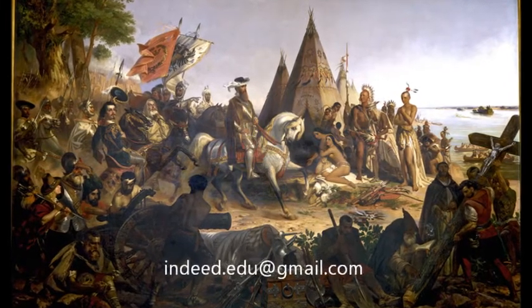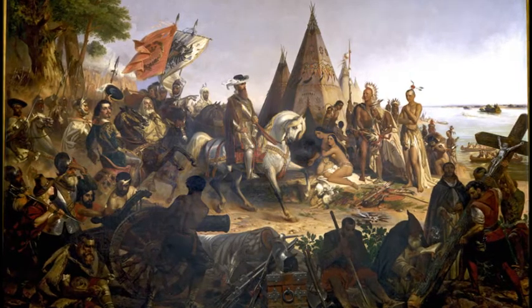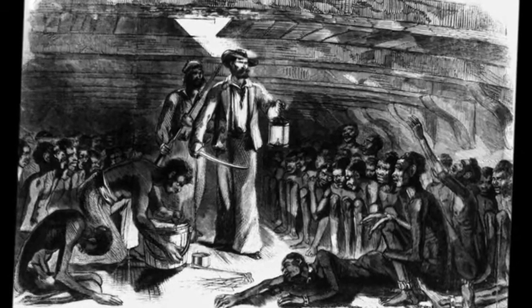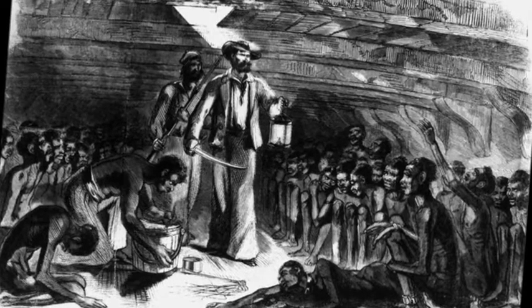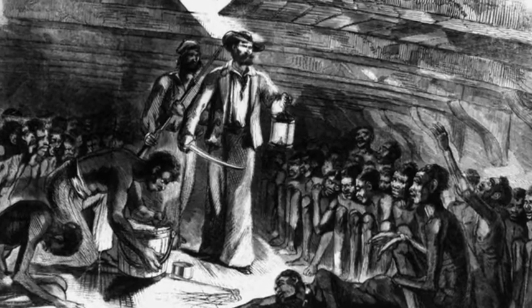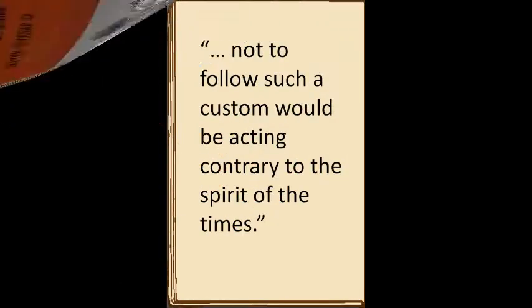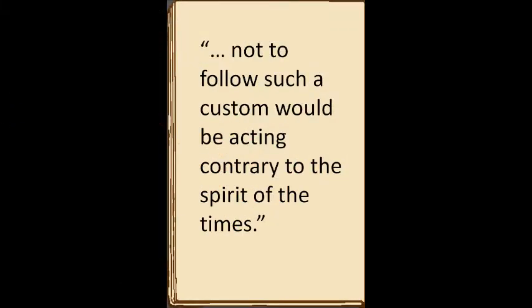Since other means of payment were scarce, slavery satisfied this need. Slavery was considered a part of any expedition of discovery and conquest, so, as stated in Indian Slavery during Colonial Times, not to follow such a custom would have been acting contrary to the spirit of the times.